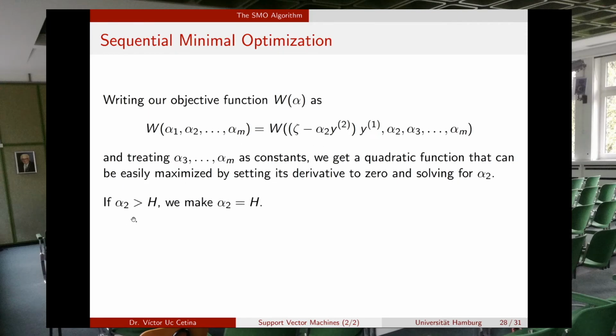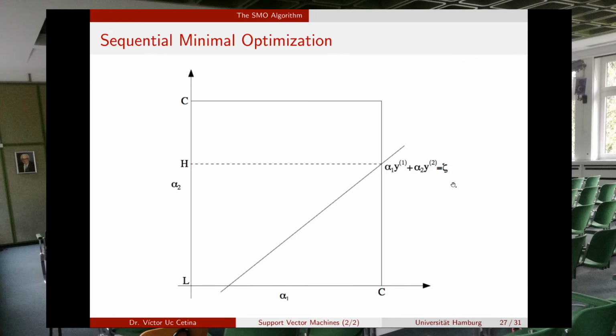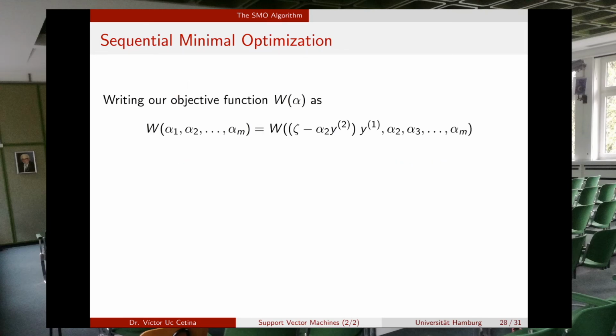So as we said in the plot before, if alpha 2 is larger than h, when you solve this, you need to bound it. So you will give it at most the value of h. This is to be sure that alpha 2 is going to hold this equality true. And remember that this equality is making sure that the sum of all the products alpha and y is going to be 0.